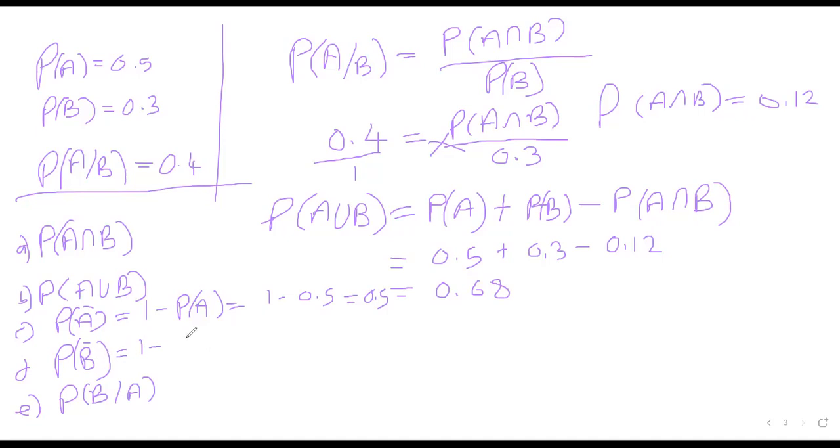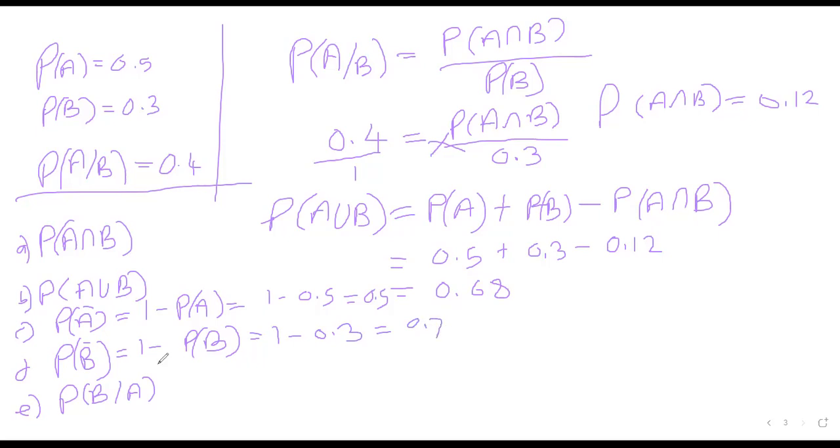So for B, it's 1 minus the probability of B. What is the probability of B? 0.3. So 1 minus 0.3 gives 0.7. Good.